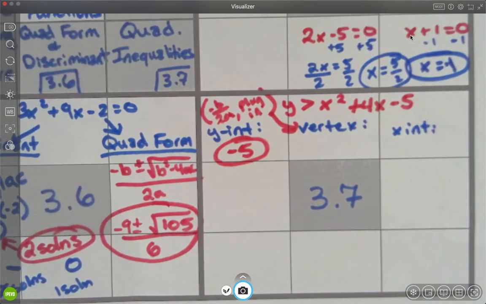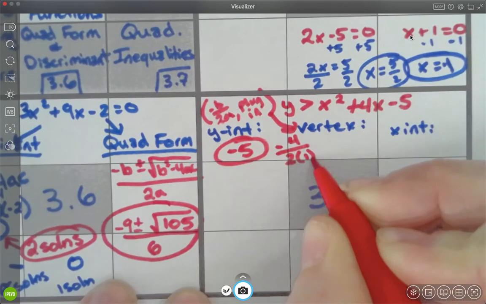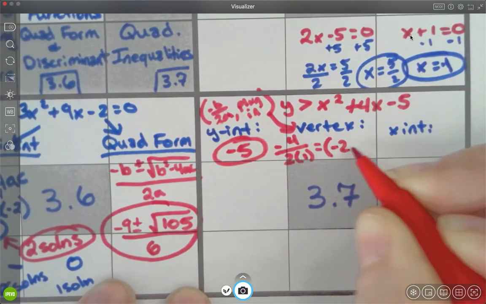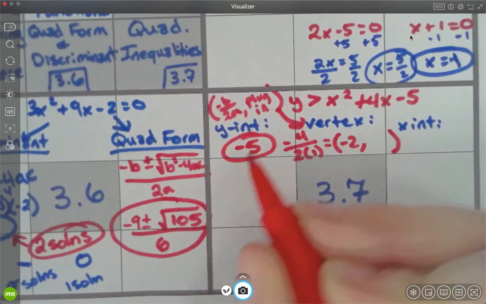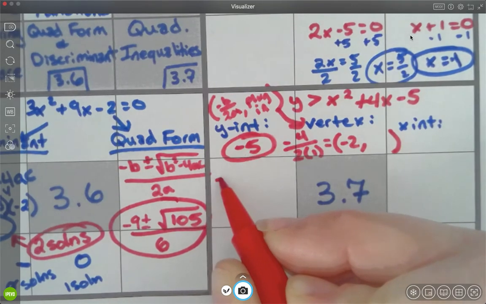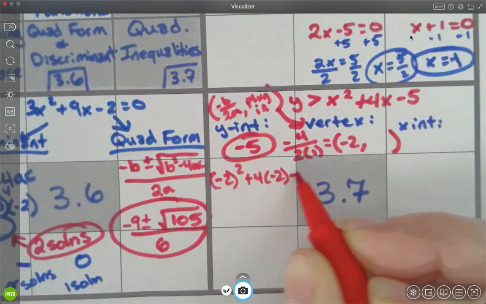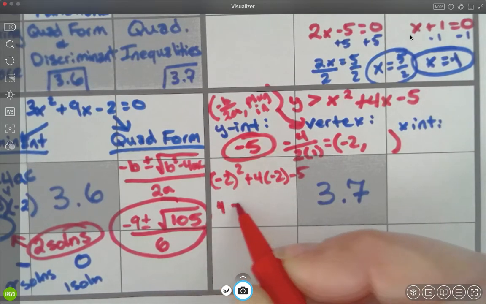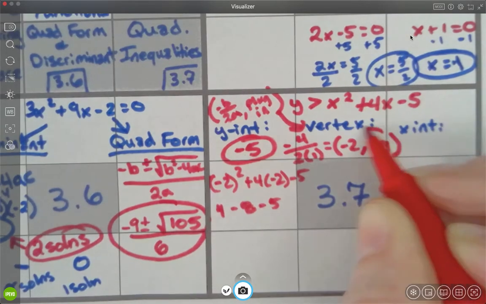Negative b over 2a is negative 4 over 2 times 1, which is -2. Then we plug it back in: negative 2 squared plus 4 times negative 2 minus 5. 4 minus 8 minus 5 is negative 9. Okay, this is my vertex.